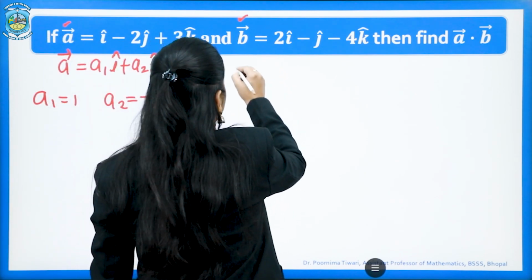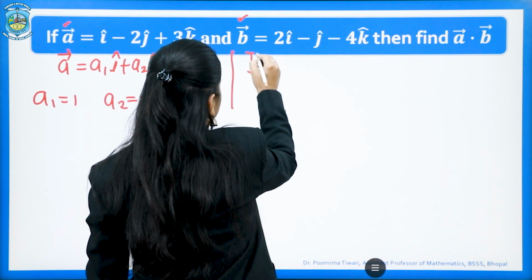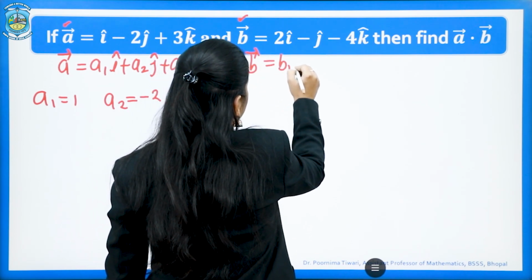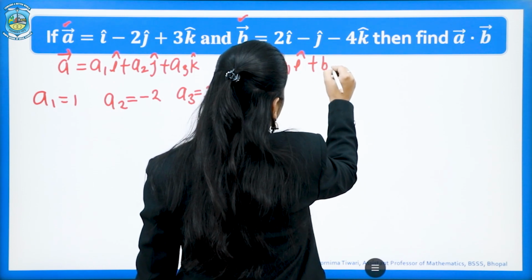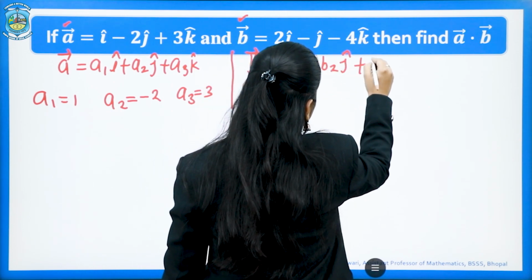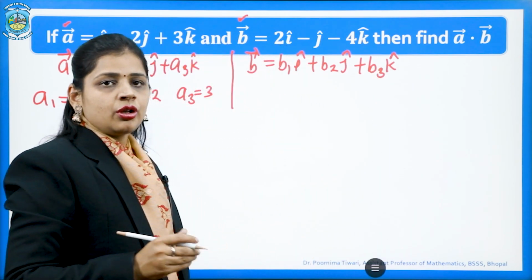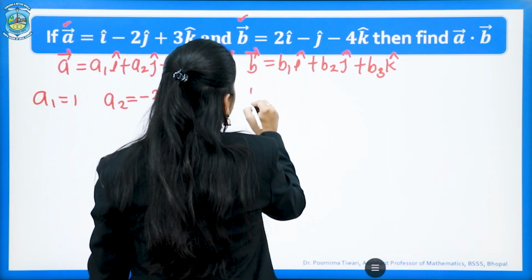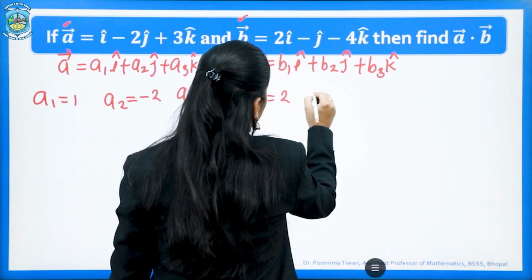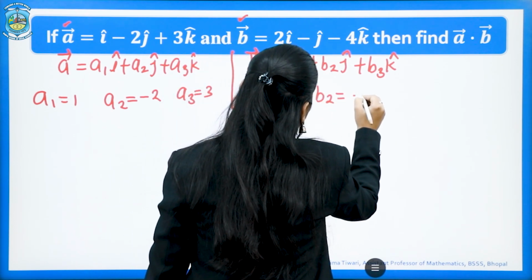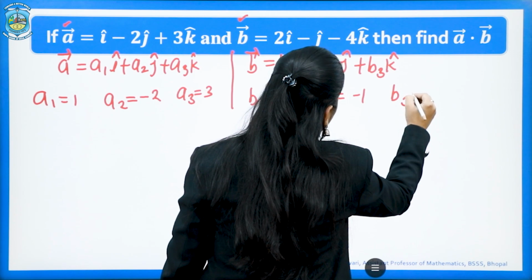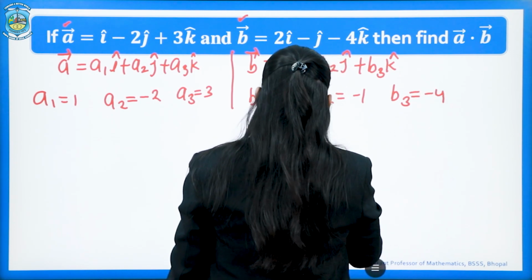Next, we will compare this vector B with the standard form B1 i cap plus B2 j cap plus B3 k cap. On comparing, we will get B1 is equal to 2, B2 is equal to minus 1 and B3 is equal to minus 4.